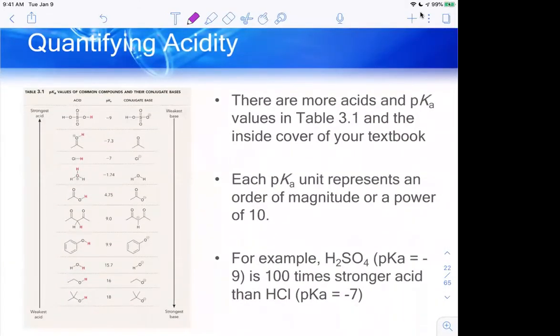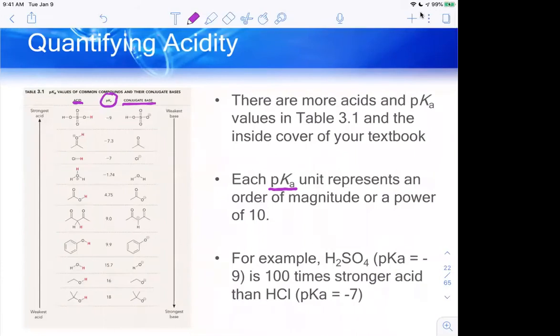Here is a chart, one that I prefer, of common pKa values for organic chemistry. I posted that in the module for this particular section. Remember, this is logarithmic, so each pKa unit represents an order of magnitude, or a power of 10. These charts will give you the acid as well as the conjugate base, and then the pKa values can be assessed in order to compare acidity.